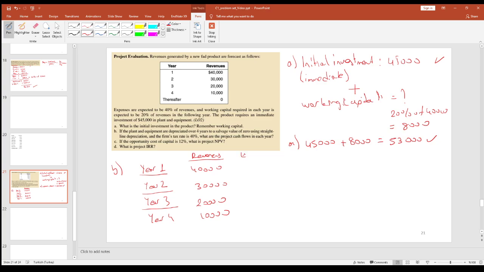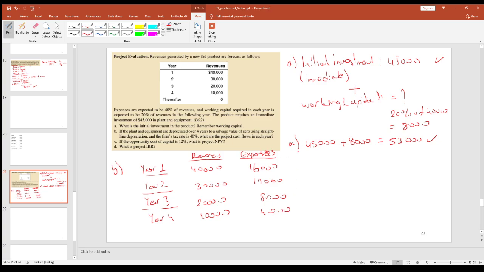Your expenses are expected to be 40% of revenue, which means 40% of 40,000 is 16,000. 40% of 30,000 is 12,000. 40% of 20,000 is 8,000. 40% of 10,000 is 4,000.